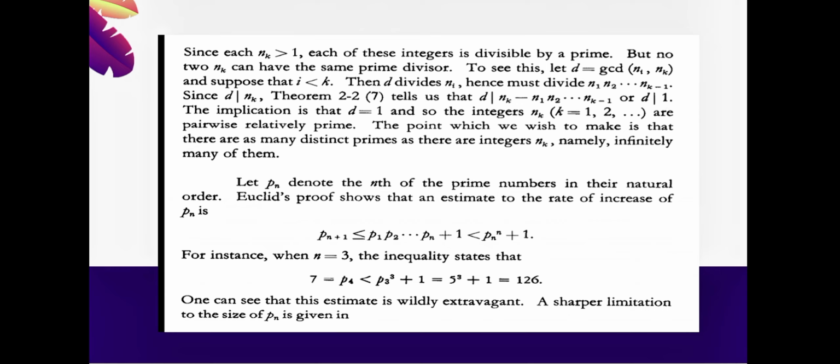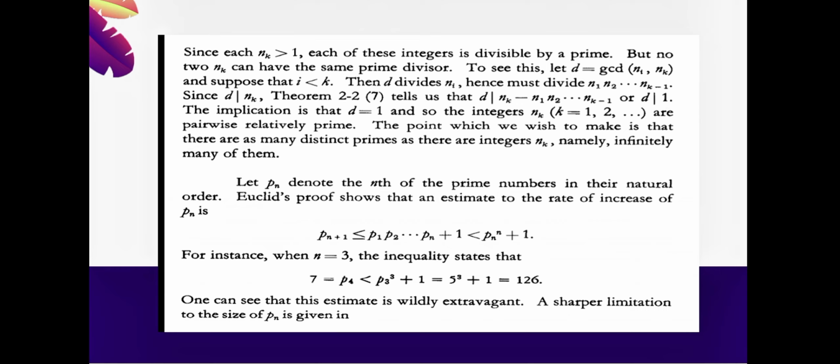The implication is that d equals 1, and so the integers n sub k, for k equals 1, 2, and so on, are pairwise relatively prime. The point which we wish to make is that there are as many distinct primes as there are integers n sub k, namely infinitely many of them.